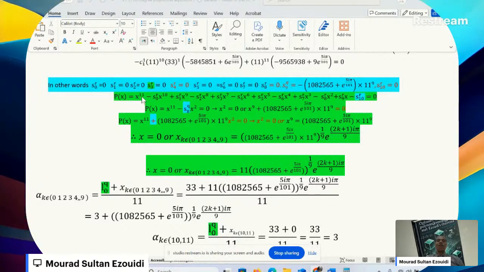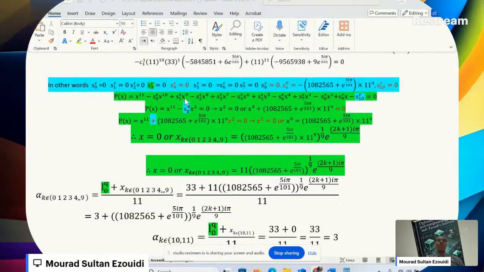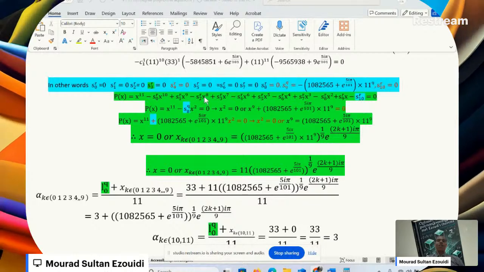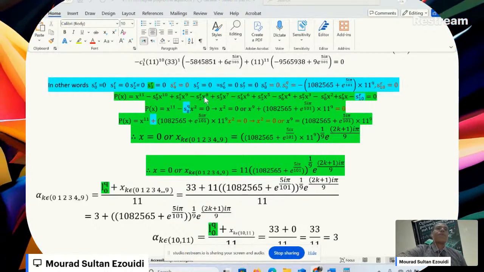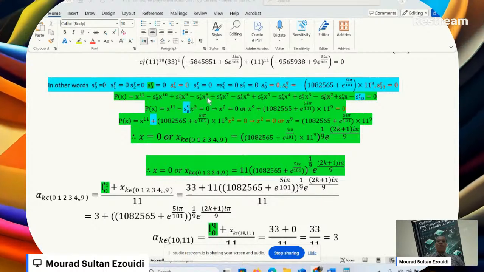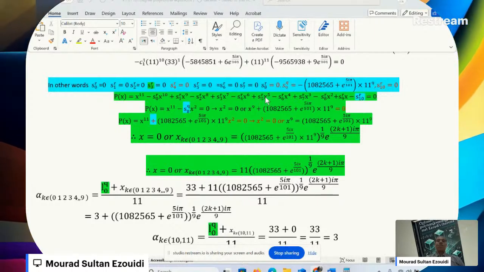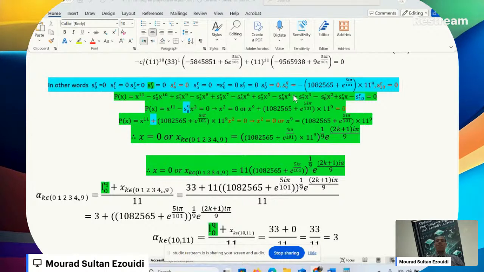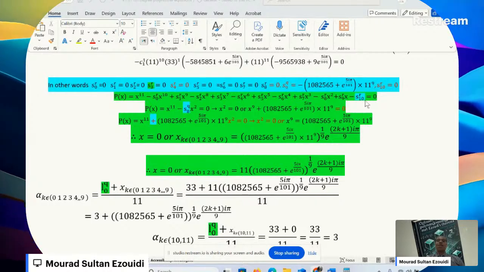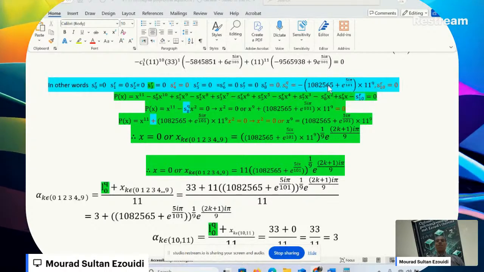You can write your problem as x to the power 11 minus S0 for the R, x to the power 10 plus S1 for the R, x to the power 9 minus S0 for the R, x to the power 8, plus S3 for the R, x to the power 7 minus S4 for the R, x to the power 6 plus S5 for the R, x to the power 5 minus S6 for the R, x to the power 4 plus S7 for the R, x cubed minus S8 for the R, x squared, plus S9 for the R times x minus S7 for the R equals 0. You see, all the coefficients are equal to 0 except this one.